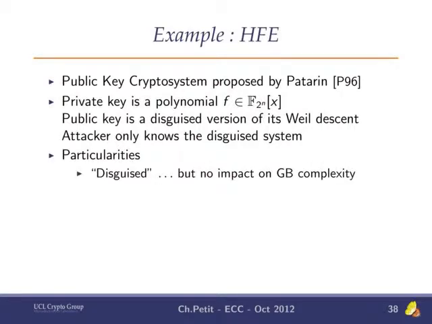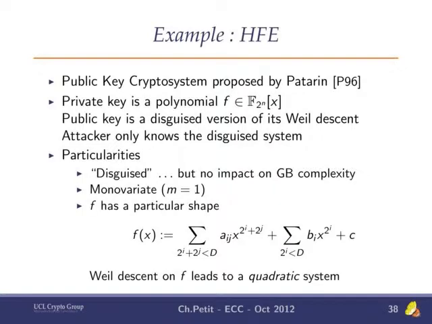Some particularities of HFE with respect to my general case are that the system is disguised. This actually doesn't matter for the complexity because the hiding steps are just linear operations. Two other particularities: we're in the monovariate case, m equals 1, we only have one variable.